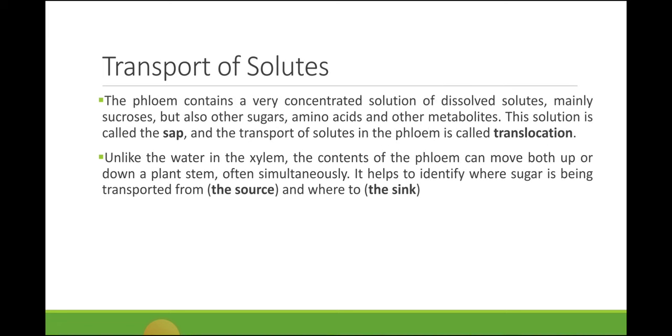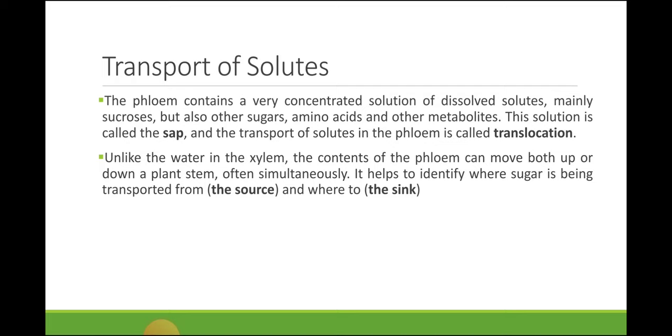So, transport of solutes. The phloem is responsible for transport of solutes. The phloem contains a very concentrated solution of dissolved solutes, mainly sucrose, but also other sugars, amino acids, and other metabolites. This solution is called the sap, and the transport of solutes in the phloem is called translocation.